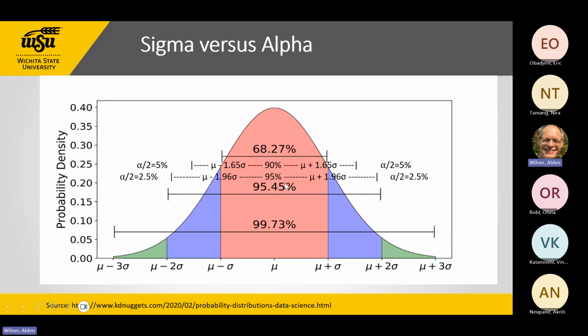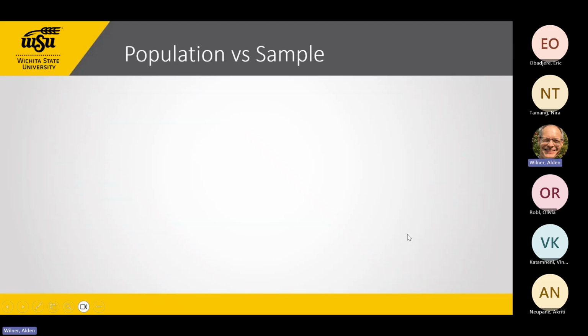Here's a 95% confidence interval, 1.96 sigmas inside and 2.5% on the outside. 2.5 plus 2.5 is 5%. 100 minus 5 is 95. 99%, again, we've got 2.58 sigmas around here, and so on and so forth. So that's the relationship between standard deviations, significance levels and confidence intervals, right?